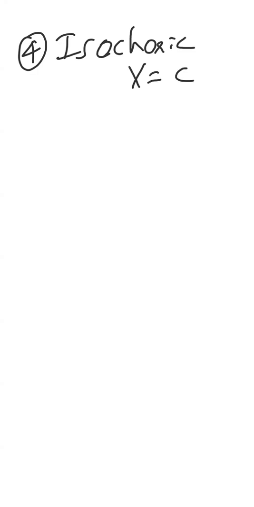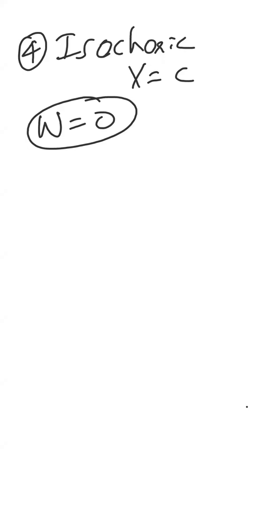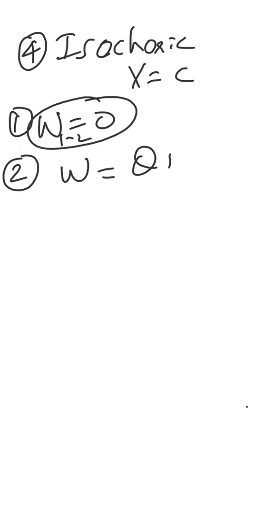Understand that if volume is constant, work done will be zero, because work done is nothing but expansion or compression. Displacement is very important in work done. If there is no volume change, then work done will be zero. So in the isochoric process, number one, work done is zero. No need to calculate the work.